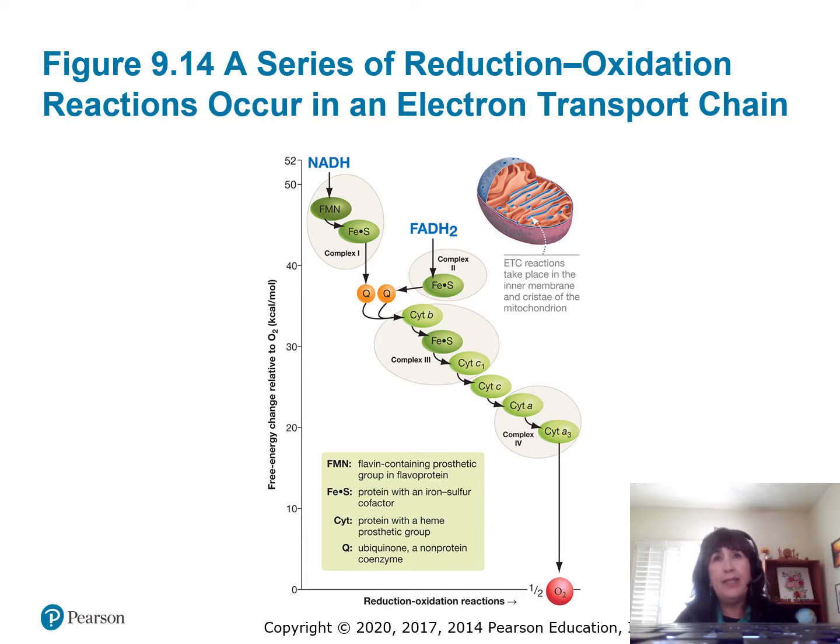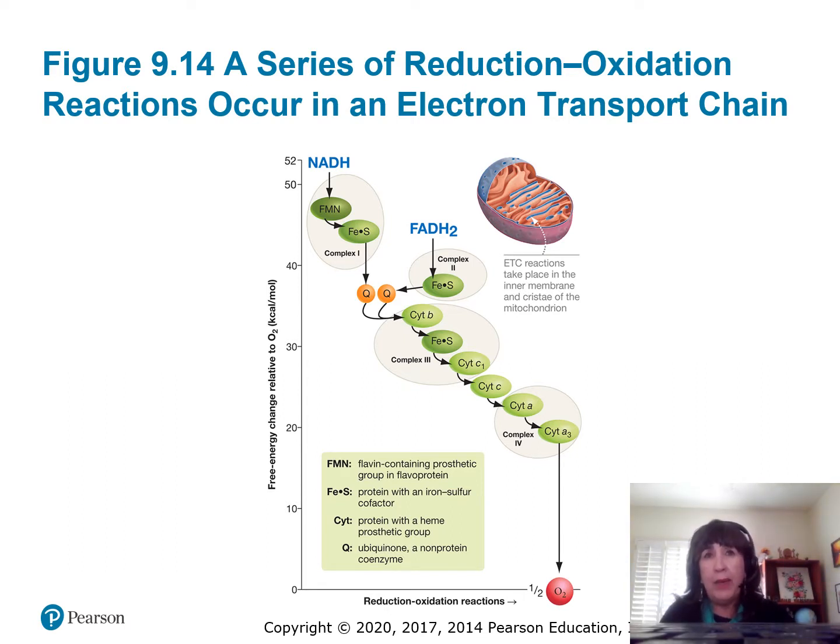Okay, so here we see these complexes in these gray circles here. Here's complex 1, 2, 3, and 4. The other thing that you're going to see is NADH. Notice they too have an initially high energy, but as the electrons go through a series of redox reactions, they're going to lose their energy. But where is this energy going? This energy will be used to pump protons to one side of the membrane.